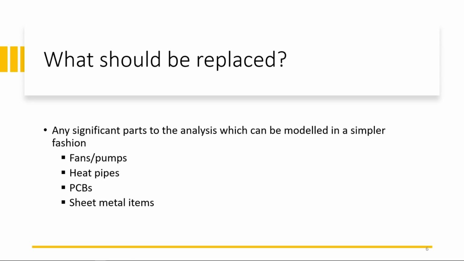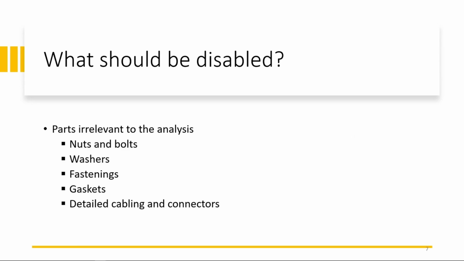Any significant parts of the analysis which are complex at the moment. For example, you can have a simplified version of a fan or a pump or heat pipes or any other sheet metal items. And then what can be disabled? The parts that are irrelevant to the analysis. In this case, since we are doing a CFD analysis, the parts that can be disabled are nuts and bolts, washers, fasteners, gaskets. These parts are not required and can be disabled in the CFD environment.